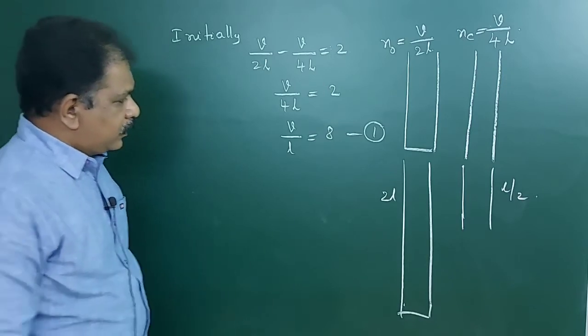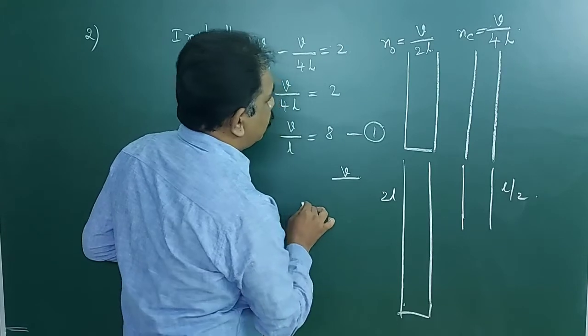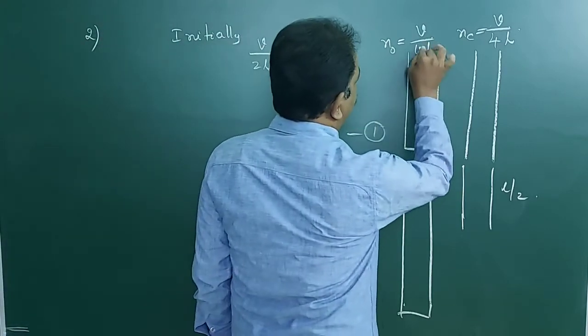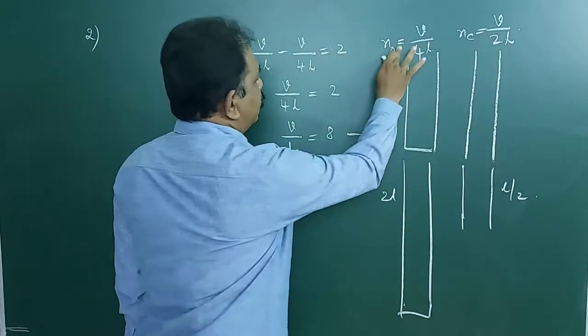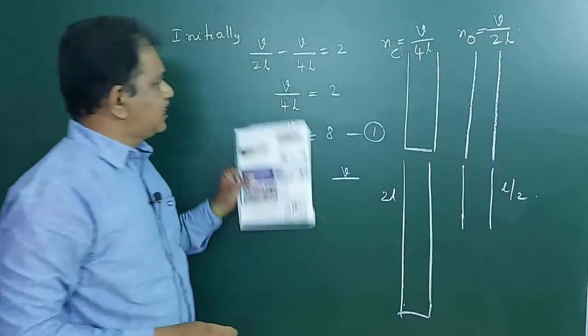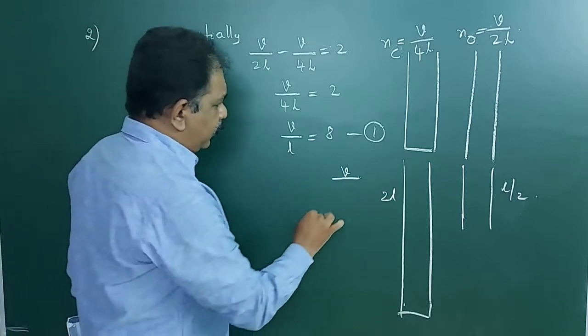Now their frequencies, what will happen? We wrote wrong, no? This closed pipe V by 4L, open pipe V by 2L. This is closed pipe, this will be open pipe. This is correct only.